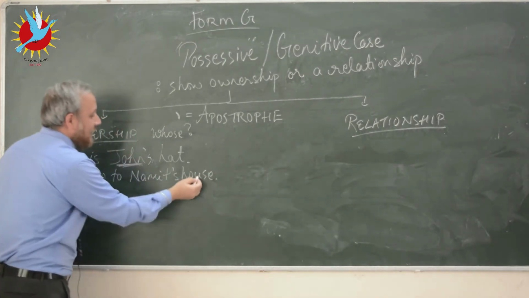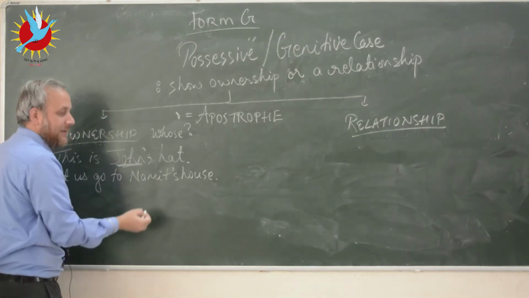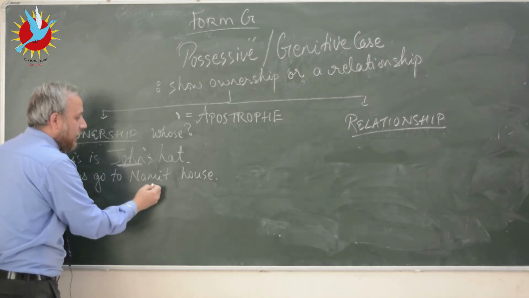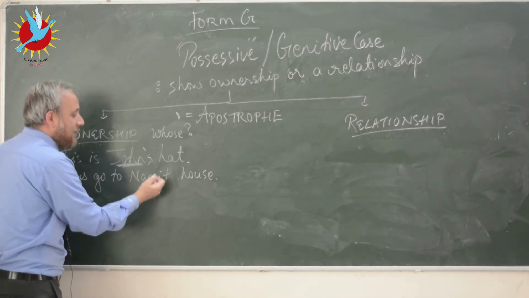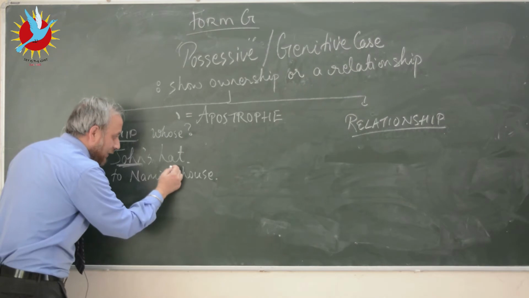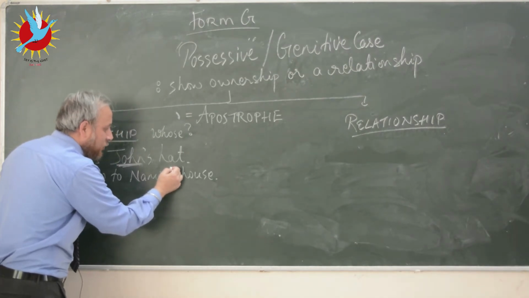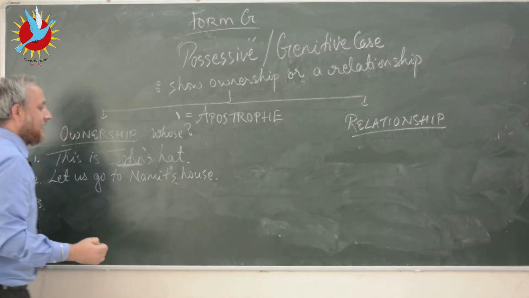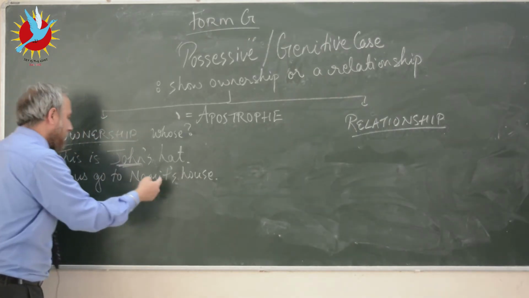It means that the house belongs to Namit. Again, this was a proper noun, so to make it a possessive noun, I've used the apostrophe and added the letter S. So whose house? Namit's house.